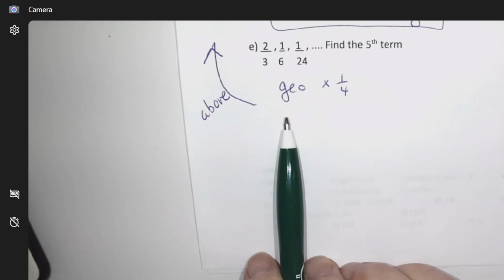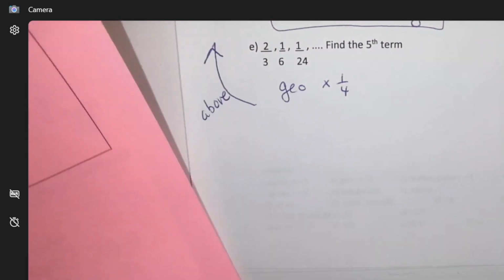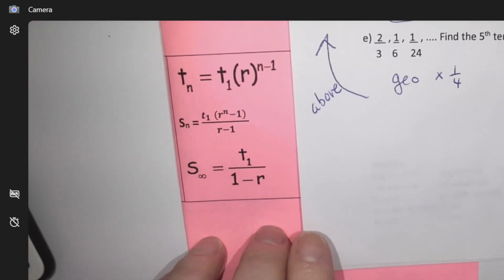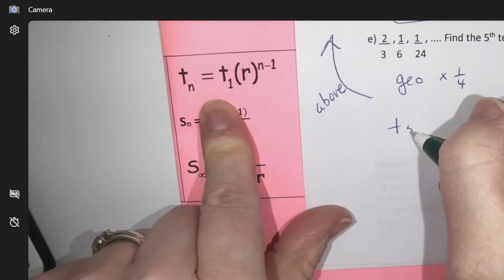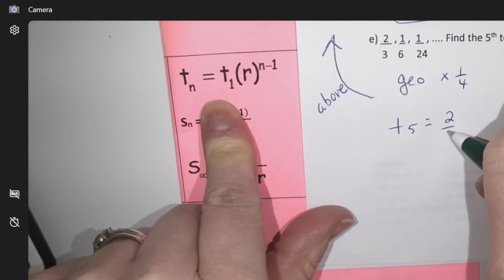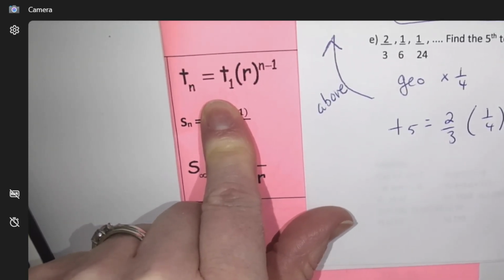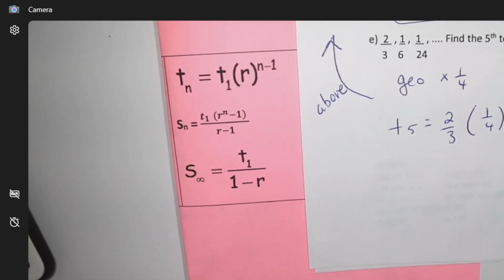That's that same one. Okay, so find the fifth term. So I'm going to pick the geometric formula for terms. Okay, brackets again are your friend.